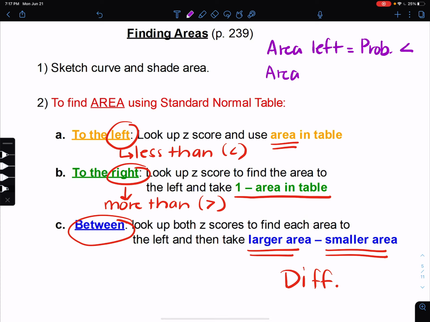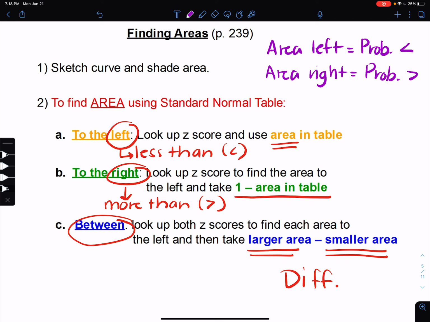Area to the right is the same thing as the probability greater than. And between is between. There's no real different way of stating that. If you're asked for the probability that a z-score is in between two values, then you do just what we did here for finding the area in between, and the probability is the exact same thing as the corresponding area.